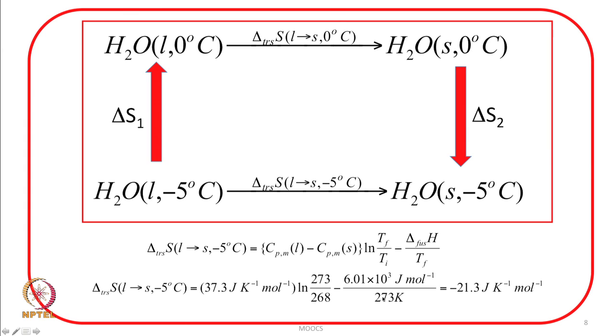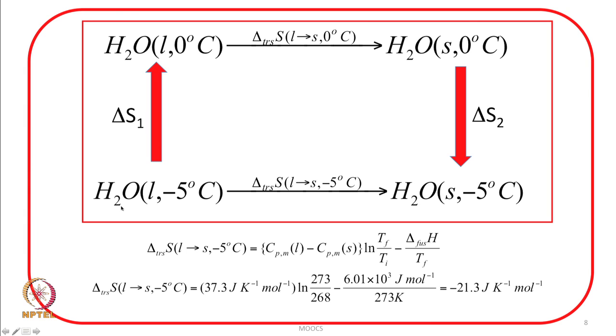Convert that into joules and put the freezing point, which is 273 Kelvin. The answer is minus 21.3 joules per Kelvin per mole. This is the entropy change for the system. Let us just take a relook at what we have done.